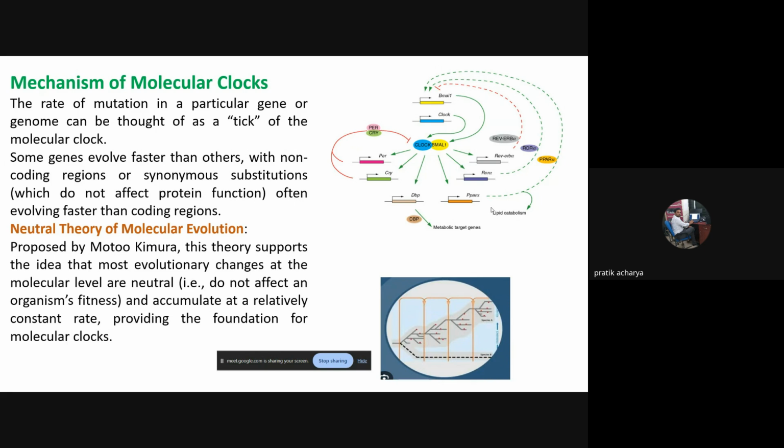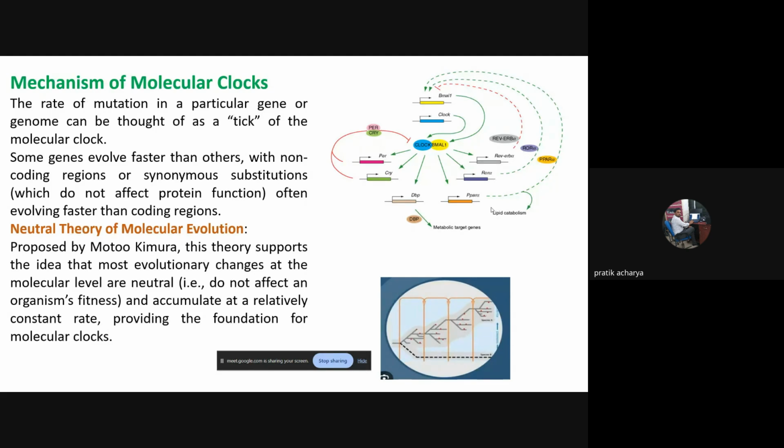Okay, for this molecular clock, the neutral theory was provided by Motoo Kimura. Motoo Kimura contributed a lot to this molecular clock analysis, and his theory supports the idea that most evolutionary changes at the molecular level are neutral. That means they do not affect an organism's fitness and accumulate at a relatively constant rate, providing the foundation for molecular clock.